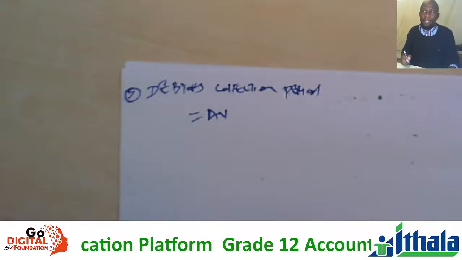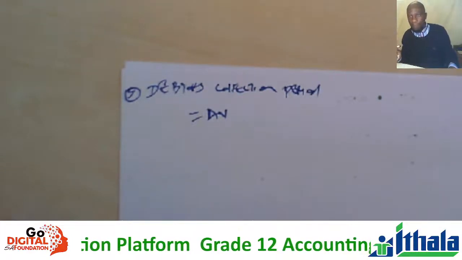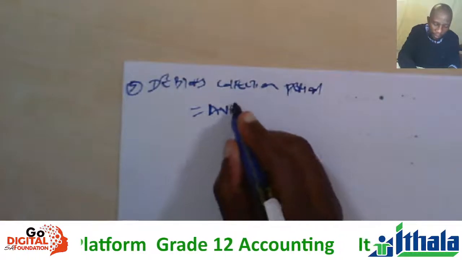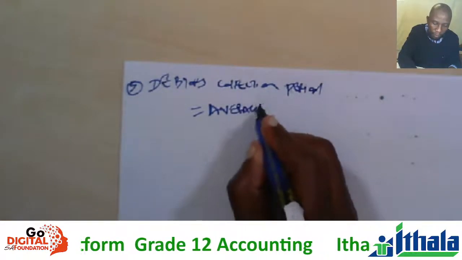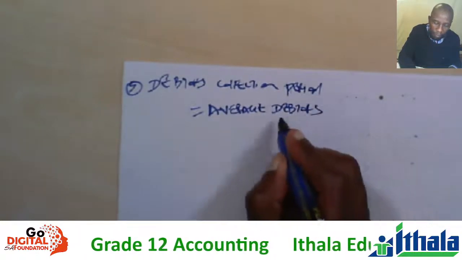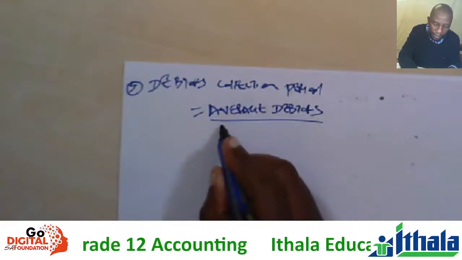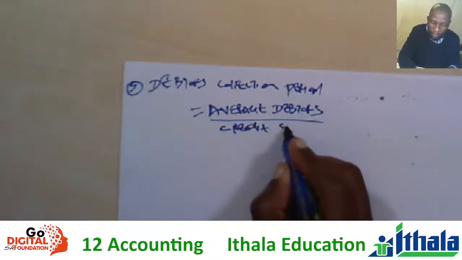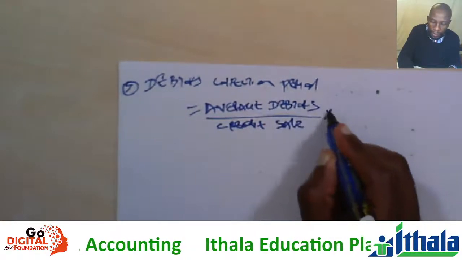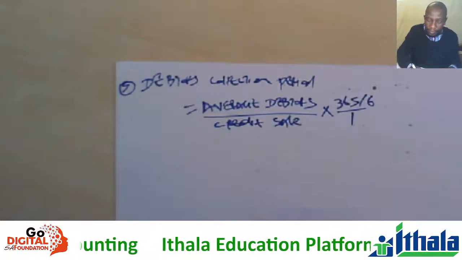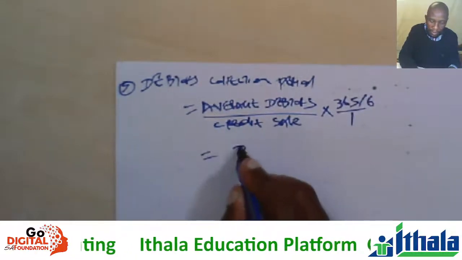If you are saying average, you are saying the debtors of last year plus the one of this year divided by 2. Average debtors divided by credit sales, times by 366 over 1.